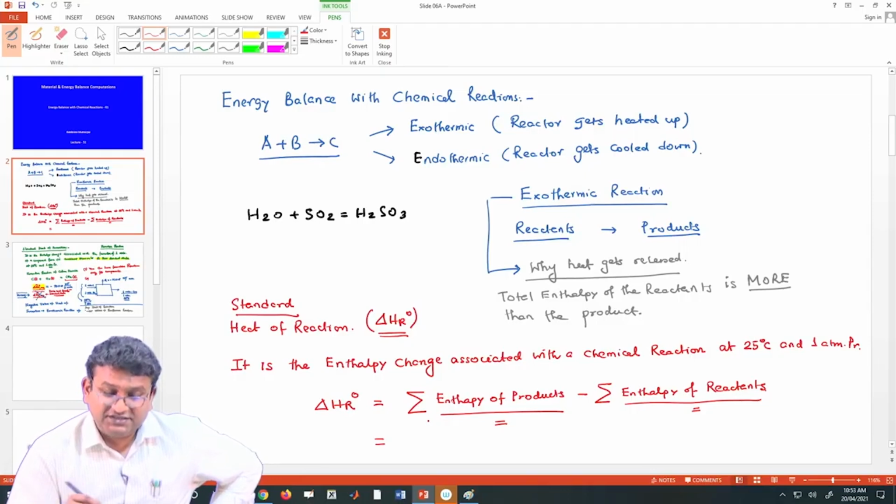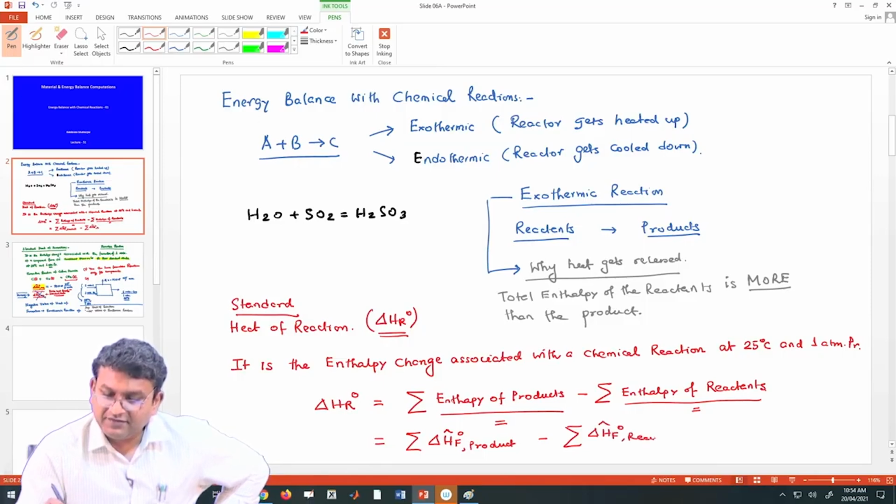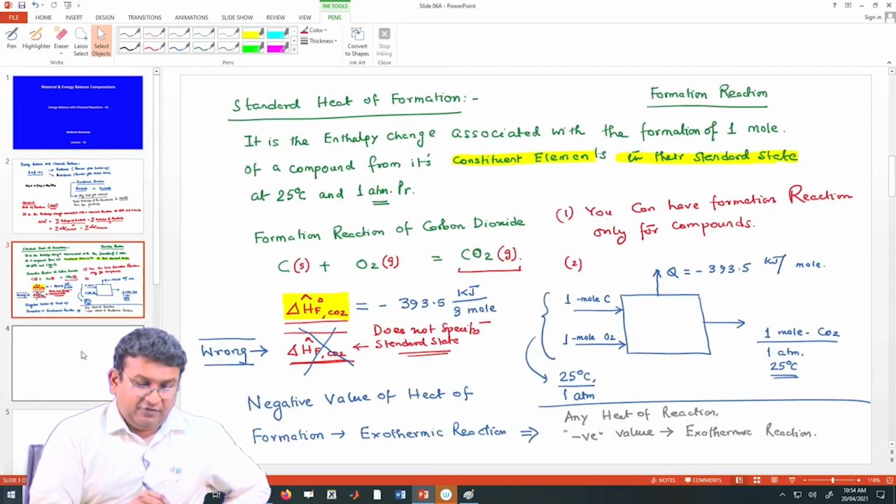So, the heat of reaction is nothing but the summation of all the standard heat of formation of the products minus standard heat of formation of the reactants. Okay. So, this is how it goes.